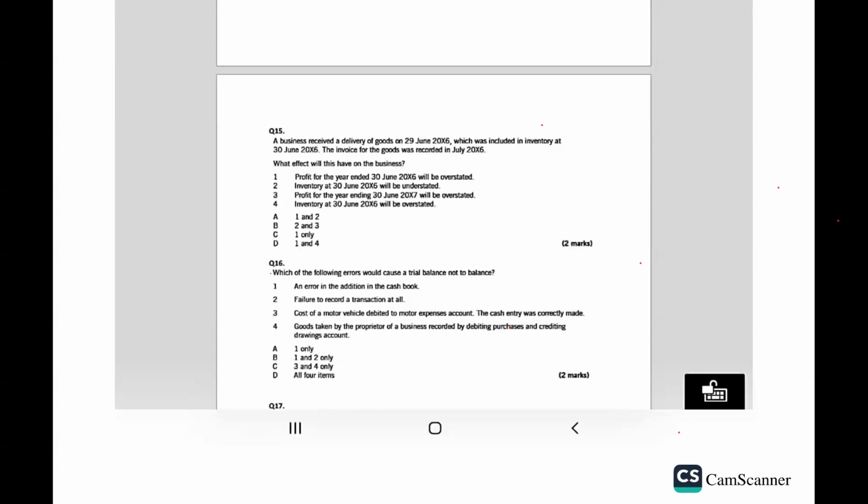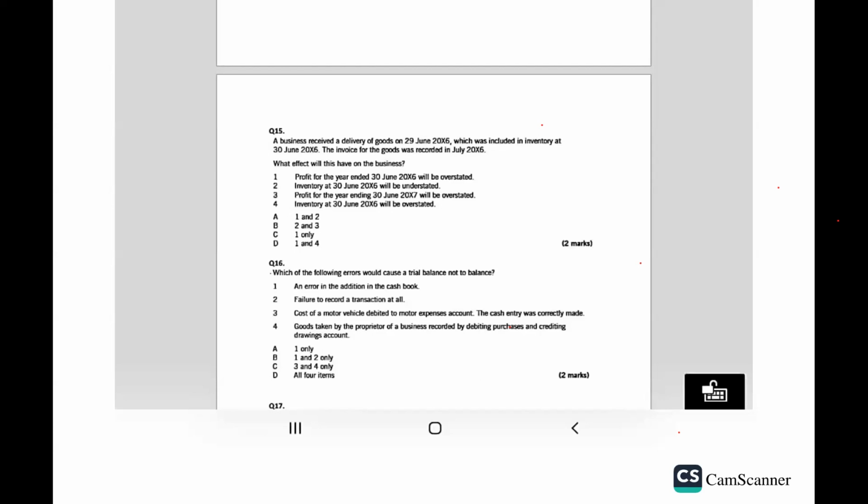The next one: the cost of motor vehicle debited to the motor expenses account, then the cash entry is correctly made. So the question of the day is, what error is this one? Where you record on a different side, like different classes.